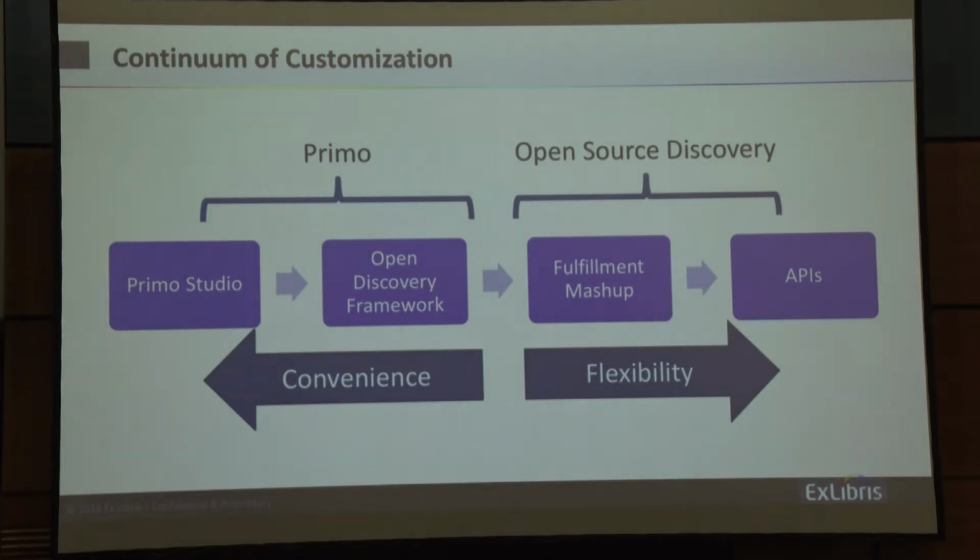So let's talk for a minute about a continuum of customization. We, of course, focus on the user experience for our patrons. We want to make sure that our patrons are able to access our content and our resources in a way that makes the most sense.